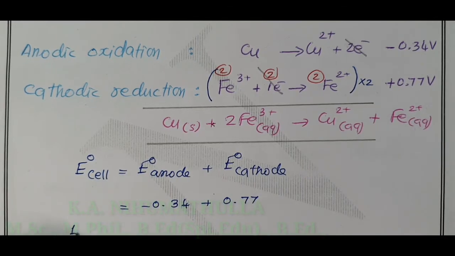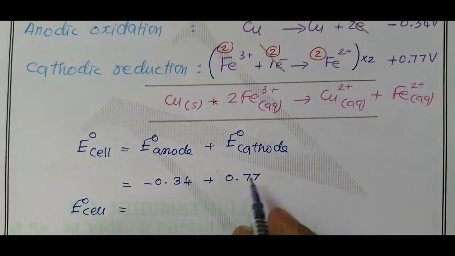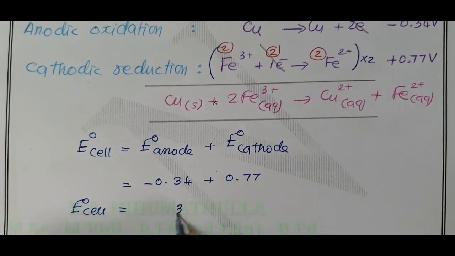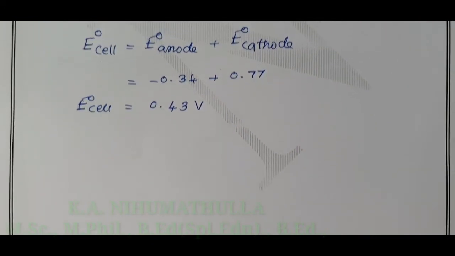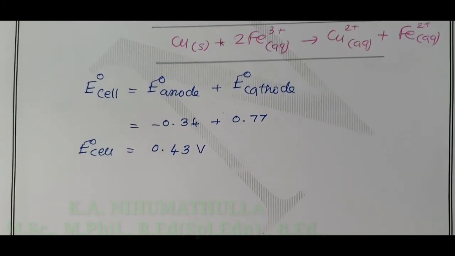When we subtract these two, 7 minus 4 equals 3, 7 minus 3 equals 4, so E0 cell is 0.43 volt, a positive value.